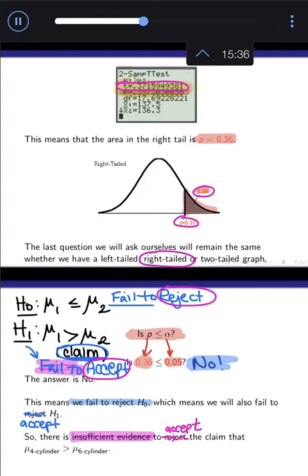So there is insufficient evidence to accept the claim that the mean for the 4 cylinders was greater than the mean for the 6 cylinders. And we're done. And again, like we stated at the beginning, we are only going to do the p-value approach for these. We will not do rejection regions.